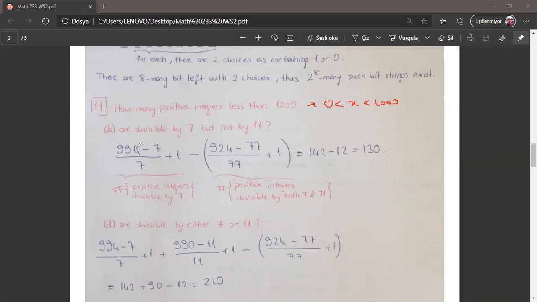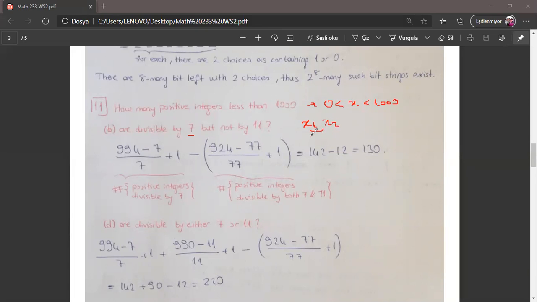After a few operations, you find this number, which is the greatest number between 0 and 1,000 divisible by 7. And what's the minimum one? This is the least number which is divisible by 7 in here. So you subtract them and divide by 7, because you will find the values which are divisible by 7 between 2 numbers, x1 and x2.